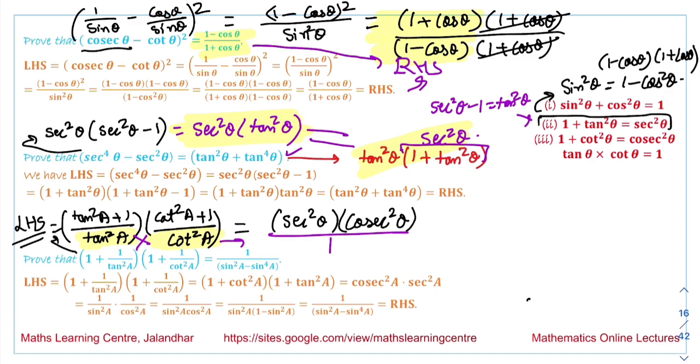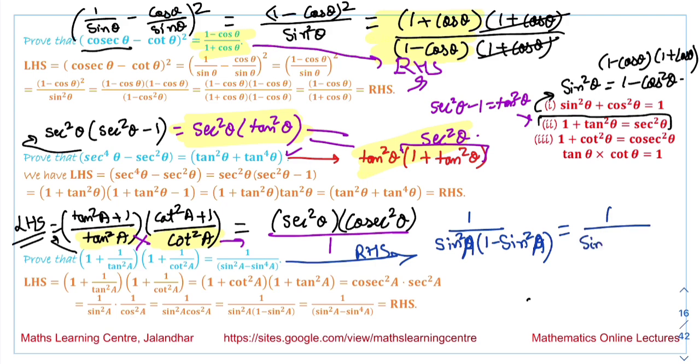From this part, when we are considering the RHS, we have taken 1 over sin square theta common, and we are left with 1 minus sin square A. It is not theta, it is A over here. So we are writing 1 minus sin square A. And what is the value of 1 minus sin square A?